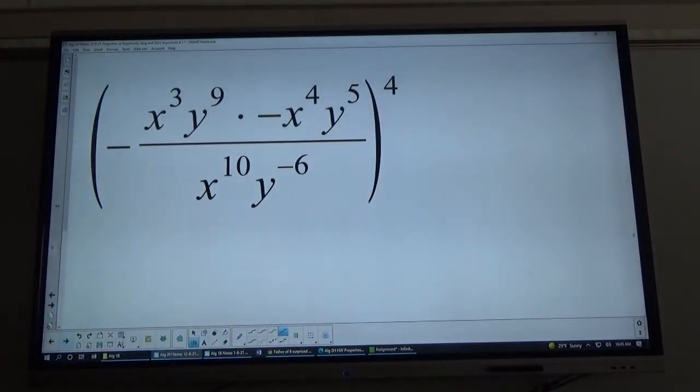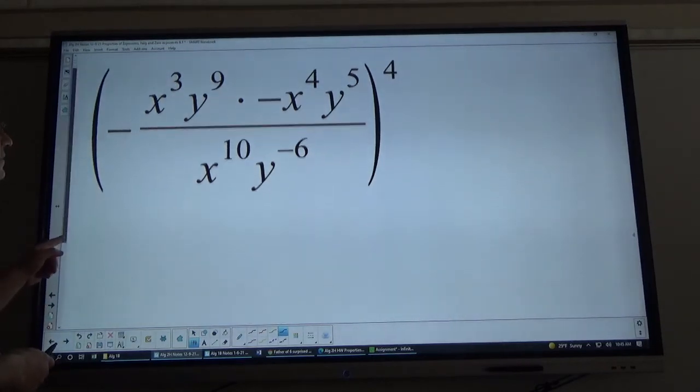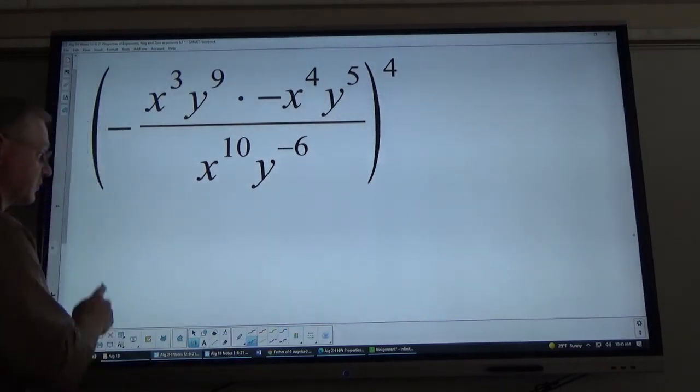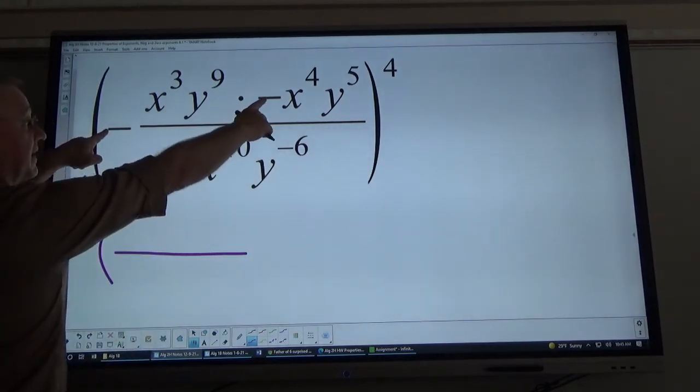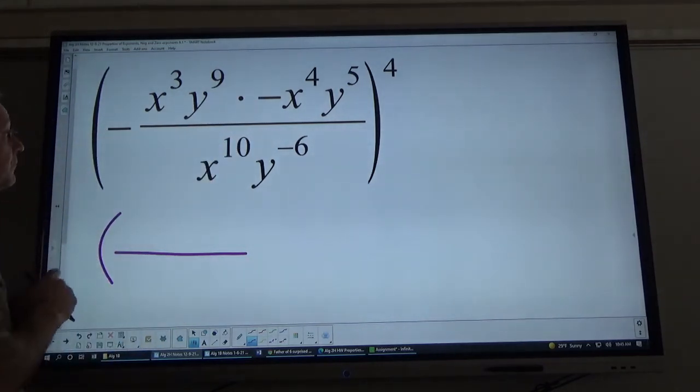I think this is the last one for today. All right, wow, that is quite the problem. What I'd like to do is simplify all of the inside before I bother to apply the 4 on the outside. That'll make our life a lot easier if we do that simplification first. So, negative times negative is positive.